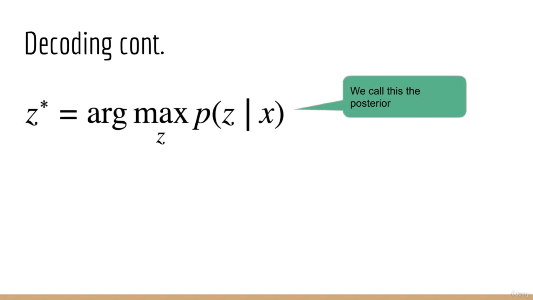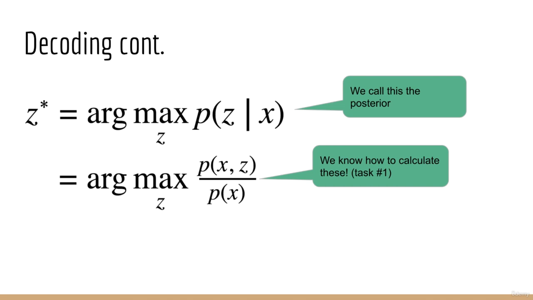To be more precise, the exact probability we want to maximize is P of z given x. That is to say, the probability of hidden states given some observations. This makes sense since the observations are actually what we are given. However, notice that P of z given x is just P of x and z divided by P of x.